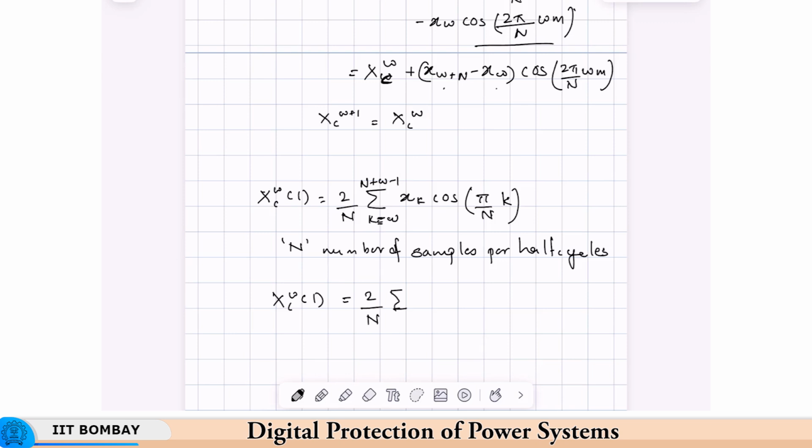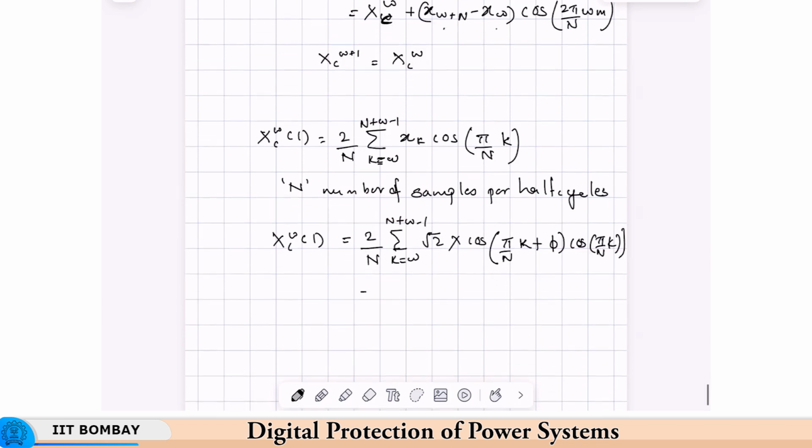Our sample is the same, root 2 x that we did last time, cos of. Notice that the effect of W is not there because we have changed the index here.